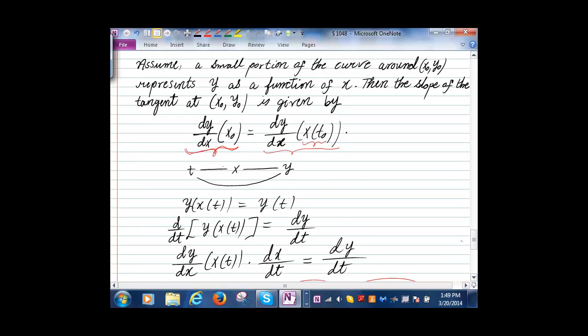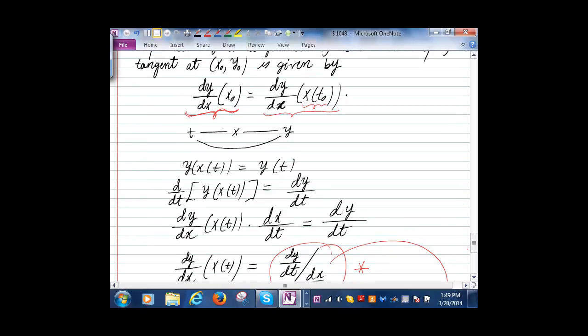And because I am viewing y as a function of x, then I can say y evaluated at x of t is the same as y of t. Right here. We are saying y evaluated at x of t is the same as y of t. Because what am I doing when I'm evaluating y of x of t? I am just expressing y in terms of t, right?